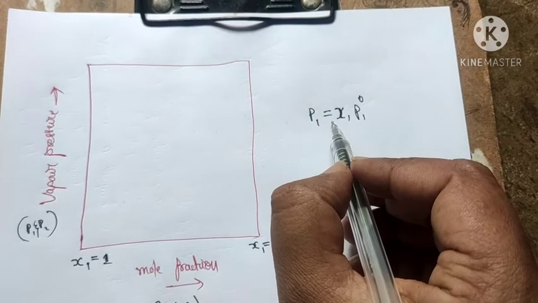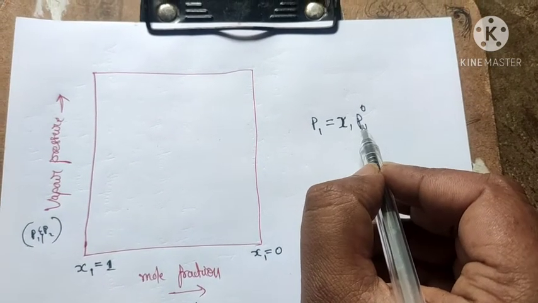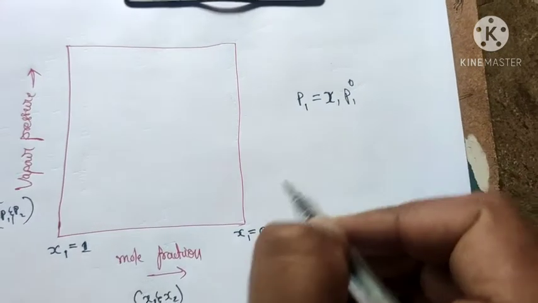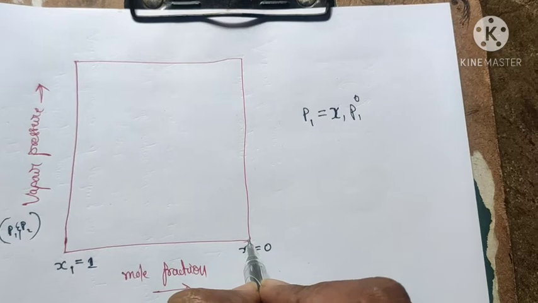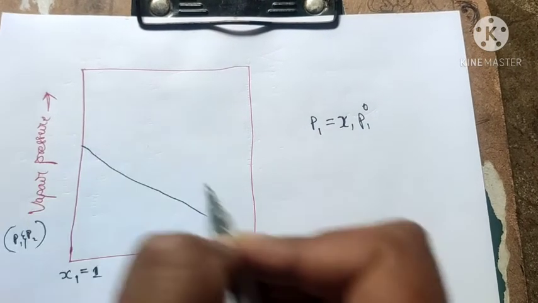The vapor pressure is equal to the mole fraction times the vapor pressure of the pure solvent. So this is giving a linear plot, a straight line across.